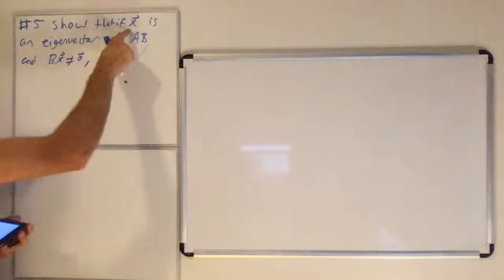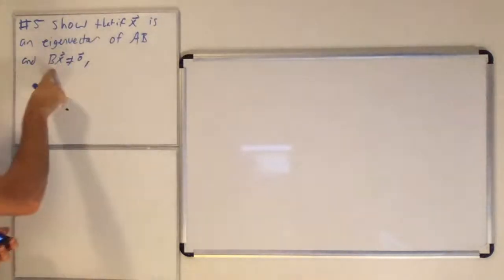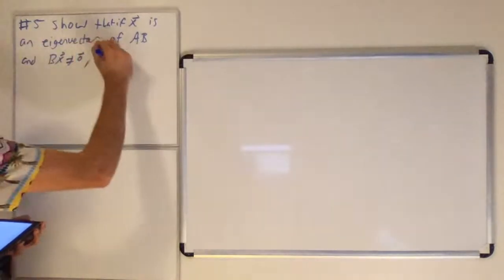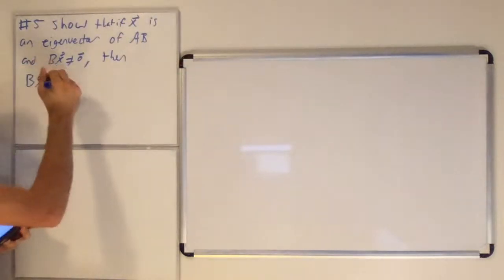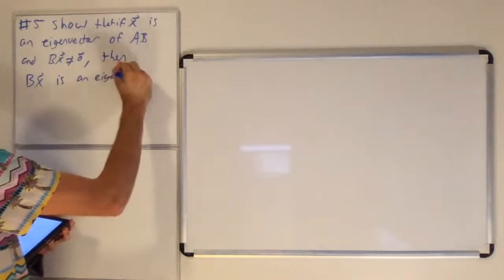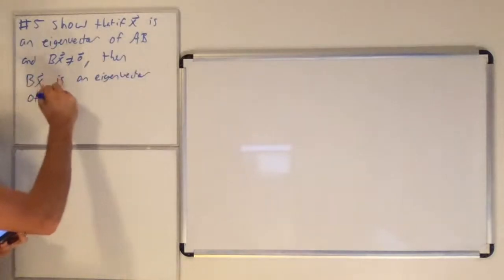Okay, so if we have x is an eigenvector of the matrix AB, and Bx is not equal to 0, that's kind of more of a formality, then Bx is an eigenvector of the matrix BA.